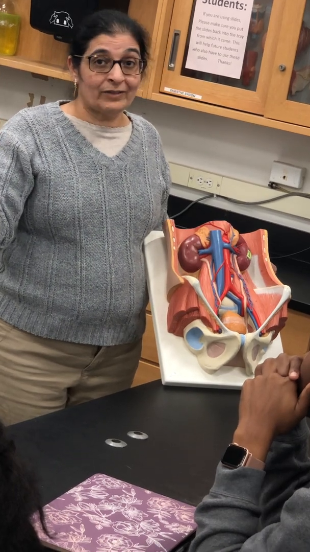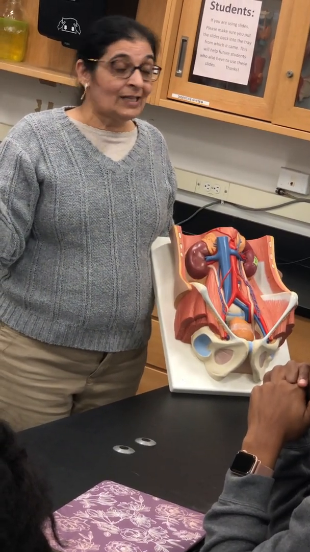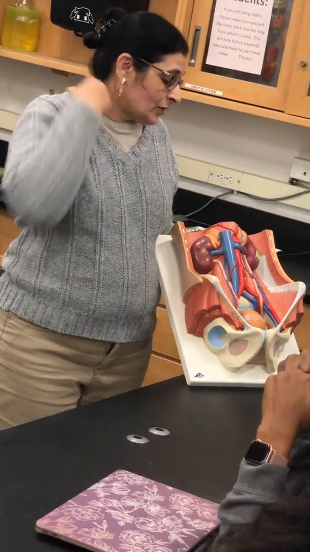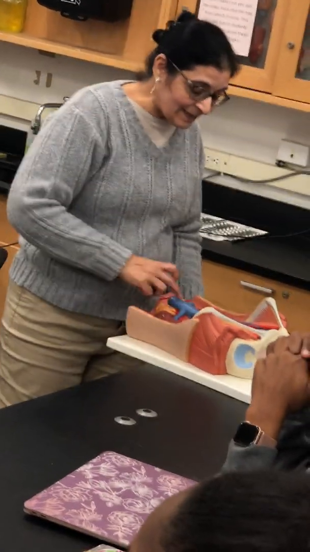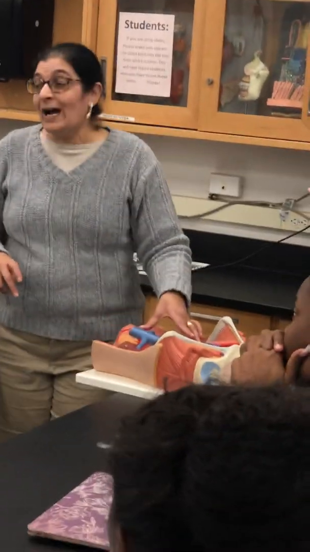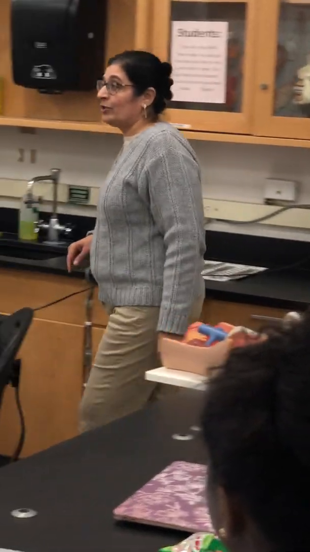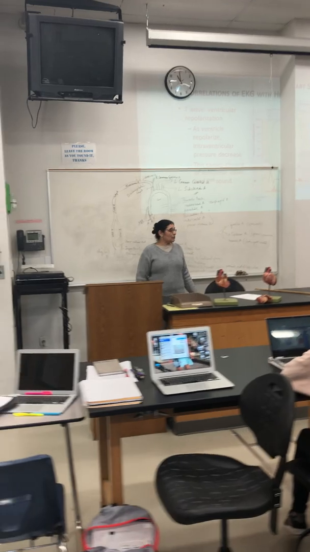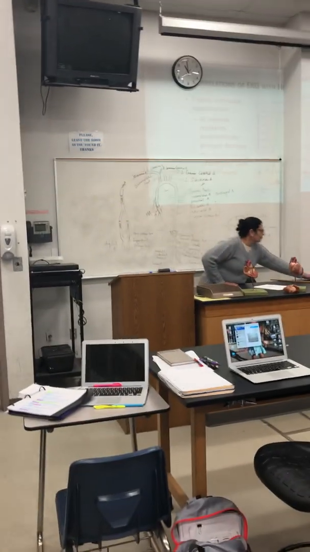And then you have the lumbar arteries that will supply blood to the abdominal wall of the body. So these are the various arteries that are present on the abdominal aorta. This abdominal aorta then divides into two parts.